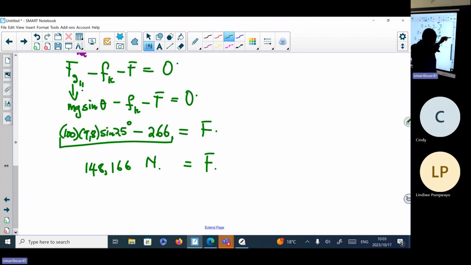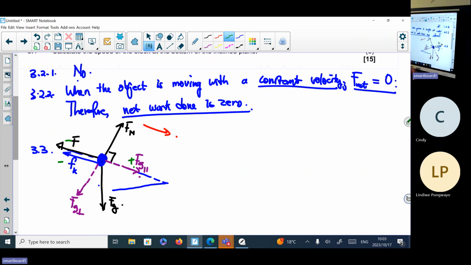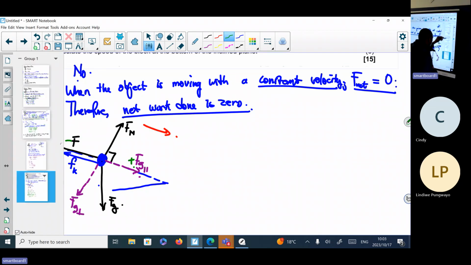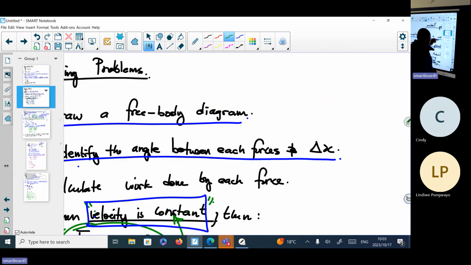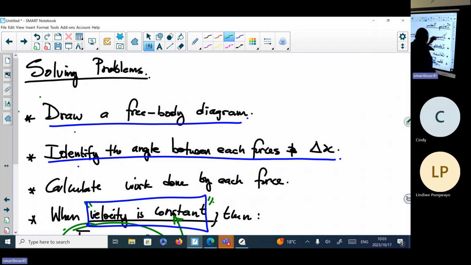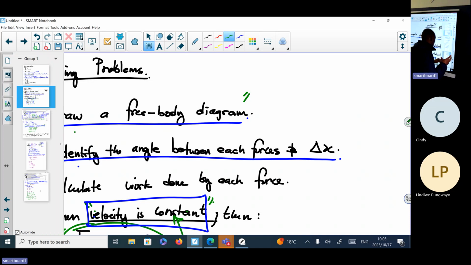So notice that what we have done here is draw the free body diagram, even though they did not ask you to draw it. But part of the strategy we have discussed is that drawing a free body diagram is the very first thing we do. We had to draw that free body diagram because it becomes like a compass.